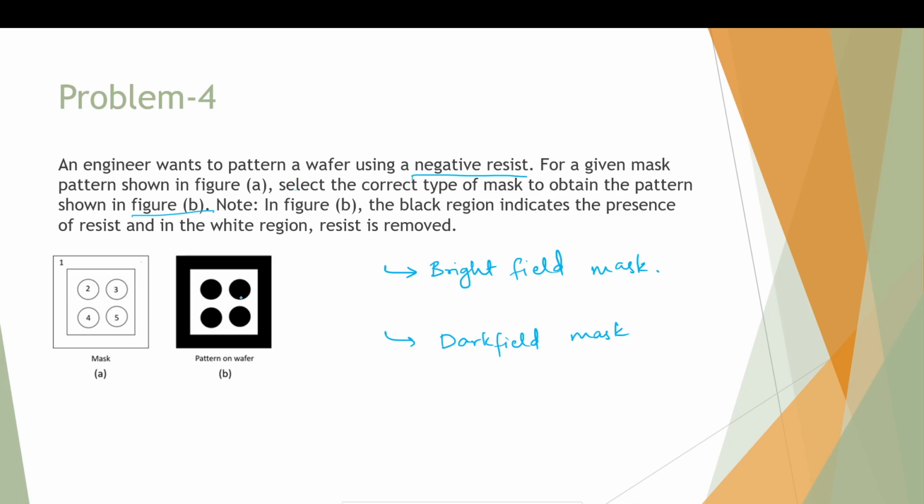So this is the pattern that we desire. We want 4 circles on my PR film. These 4 circles should be there, and a box has to be there, and the rest of the resist has to be removed. So my resist should be present in these portions, and it is a negative resist. What kind of mask should I use?